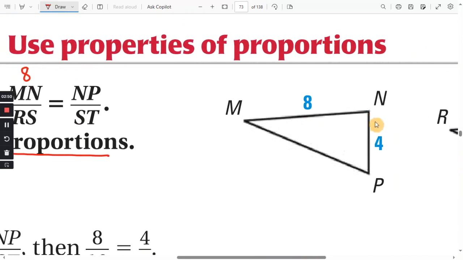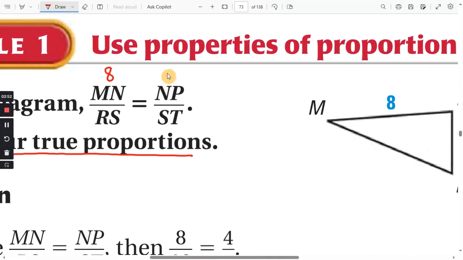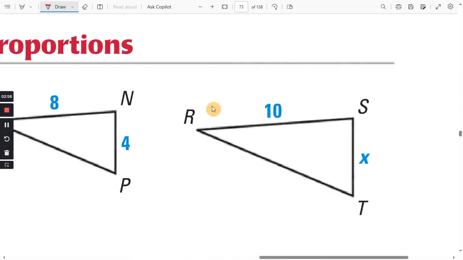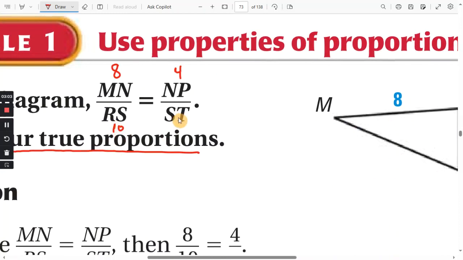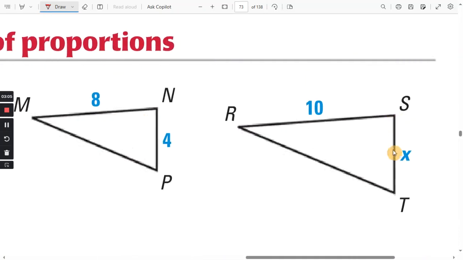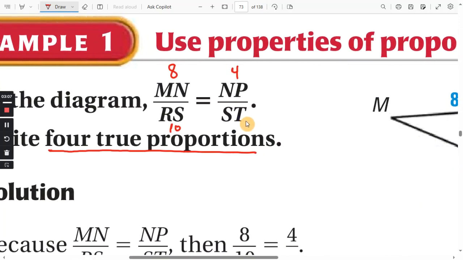We see NP is 4, so I'm going to put a 4 right here. RS right here, that's 10, so I'll put a 10 right here. And finally, ST is this right here, that's x. So I'll put an x right there.